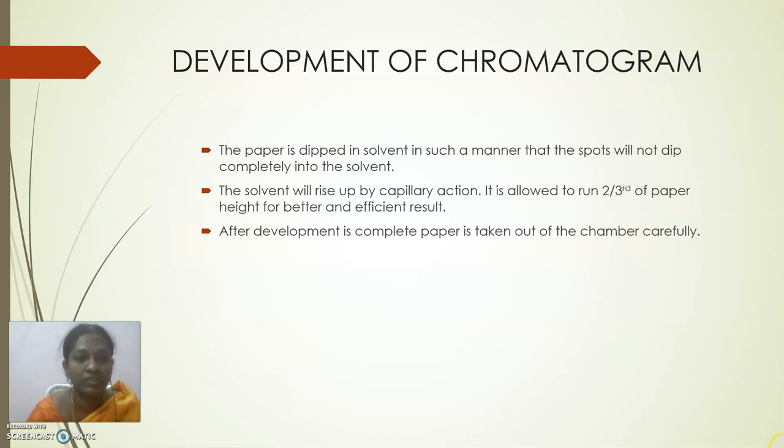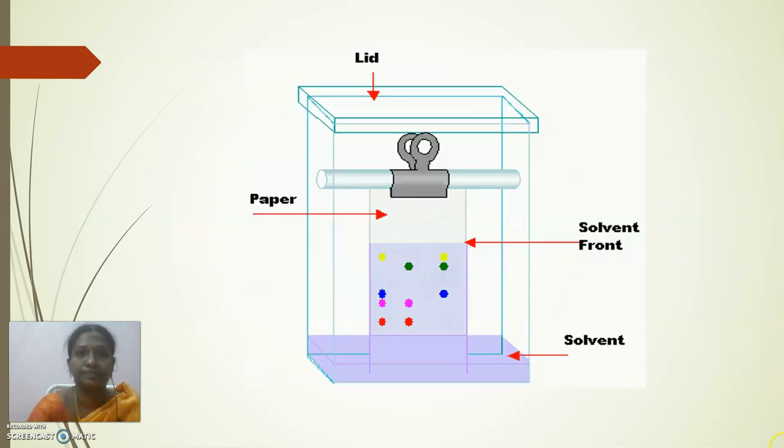So when the solvent starts to travel and reaches 2/3 of the paper height, we have to stop the process. As the development is complete, the paper is taken out of the chamber carefully. After the process is carried out fully, we have to take the paper out of the chamber.